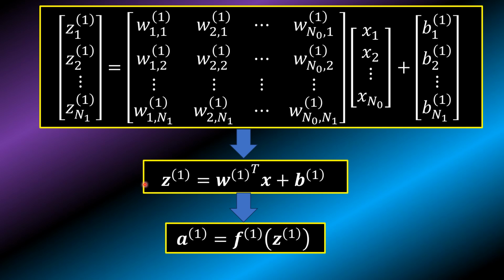So you could represent this as a vector z superscript 1 equal to W superscript 1 transpose, because remember we transposed it, multiplied by X plus B, which is the vector of biases associated with the first hidden layer. Then we have the activation function.